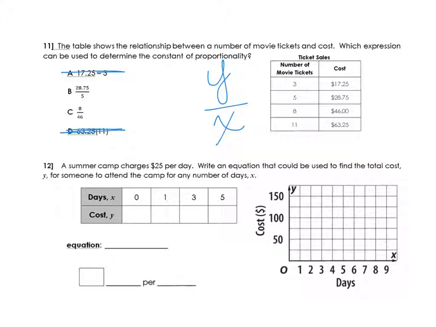So I look at where the numbers came from, because it should be the Y number on top and the X number on the bottom. When I look at a vertical table, the X is my input.